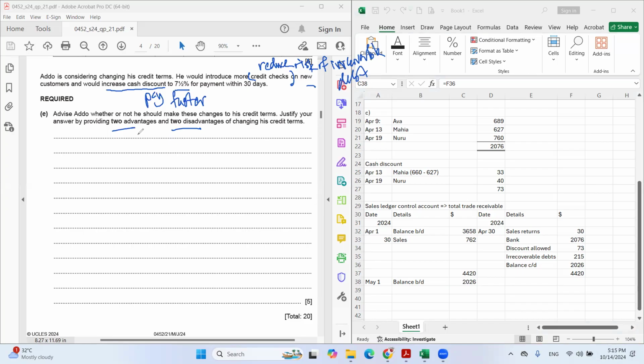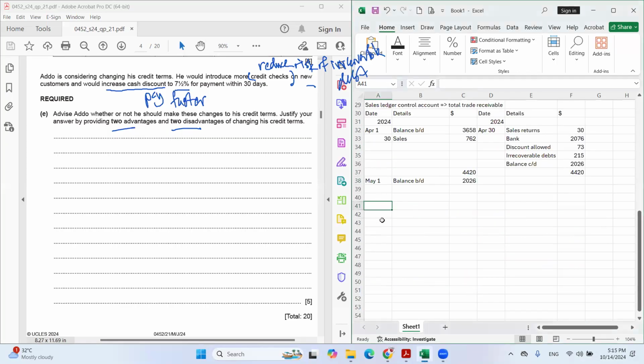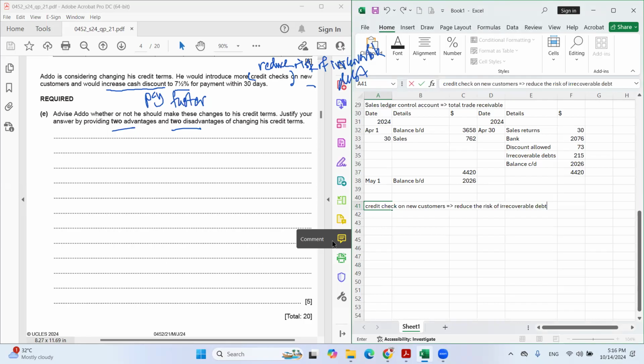So what are the benefits when we give higher discount, or we talk about reducing the risk of irrecoverable debt first, which is the credit check on new customers. Most companies will do that for new customers to make sure they are good customers. So the good thing is that it reduces the risk of irrecoverable debt. Okay, there is an advantage.